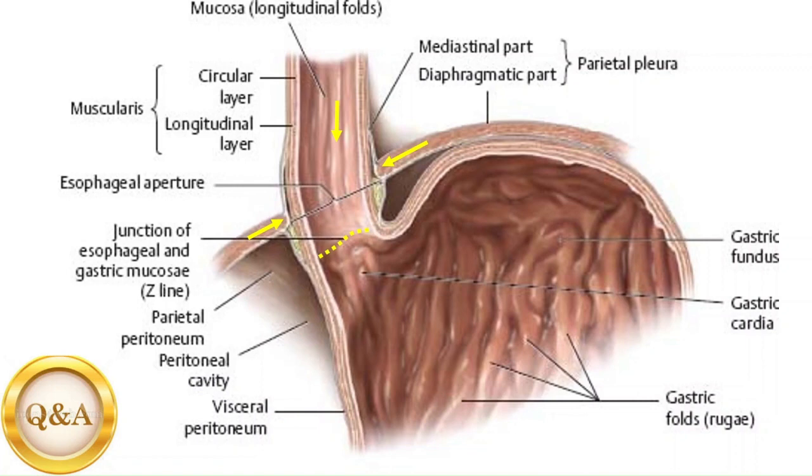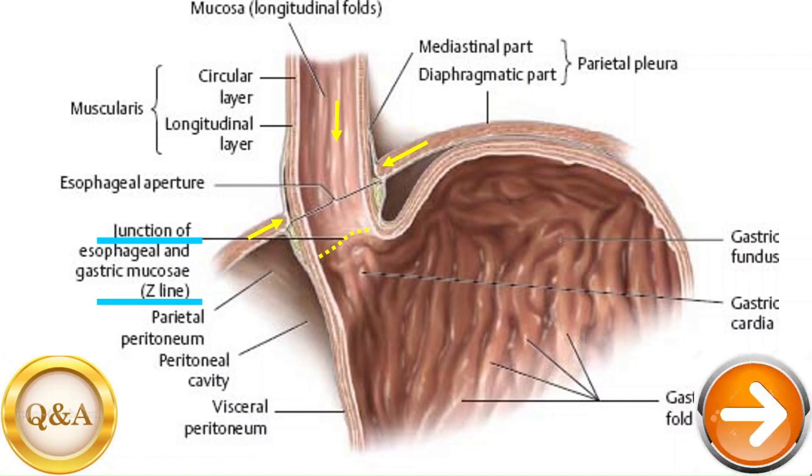There is a sudden change of kind of epithelium between the epithelium of the esophagus and the stomach. This is the junction between the two types of epithelia, and it is called the Z line, and we have seen this sudden change in one of the images of the endoscopy of the esophagus.